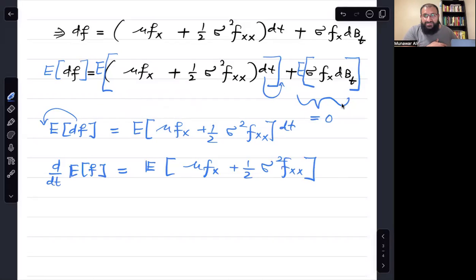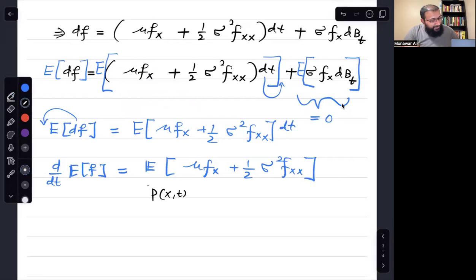Now I will simply compute these expectations. Computing the expectation is just taking the integral, multiplying with the underlying probability, and we are taking the underlying probability to be p of xt. Since we want this Fokker-Planck equation, we have to derive something in terms of p only, not in terms of f, because we want f to be totally cancelled from all the terms.